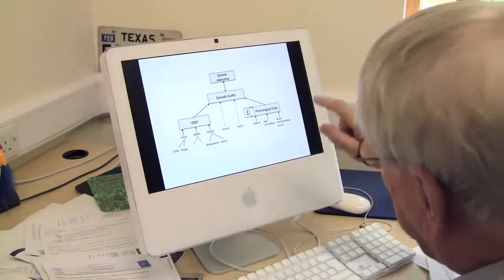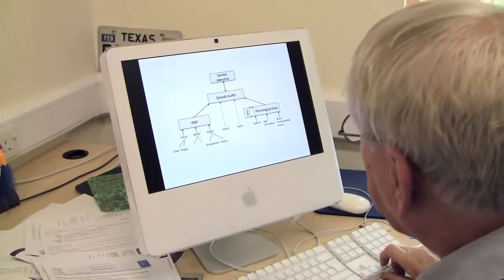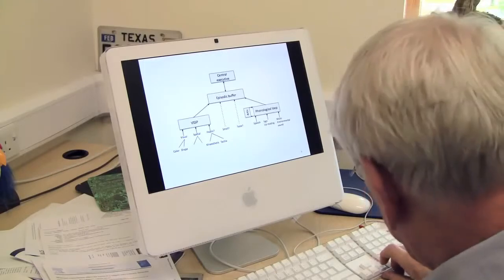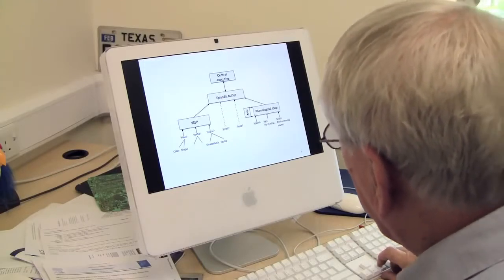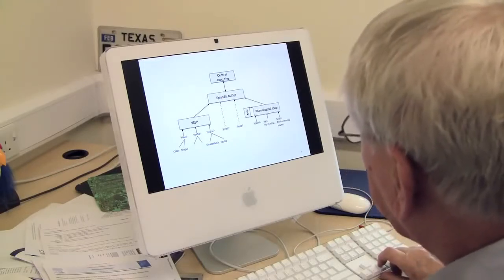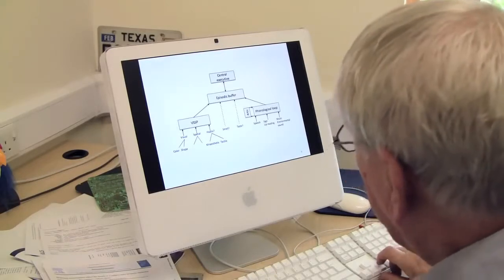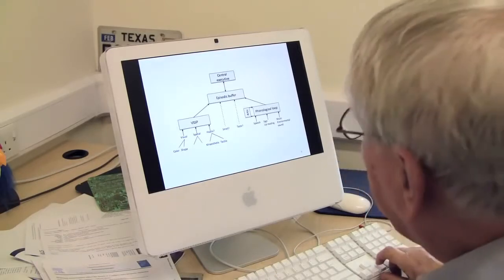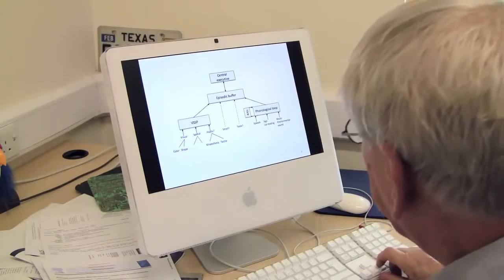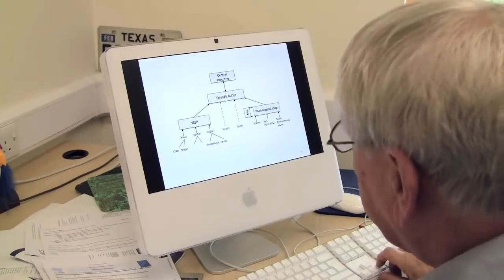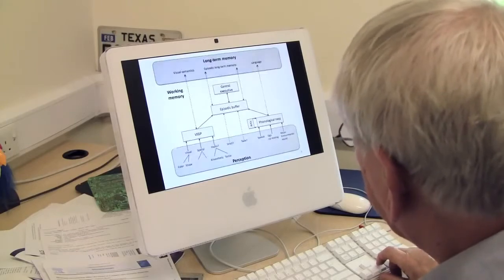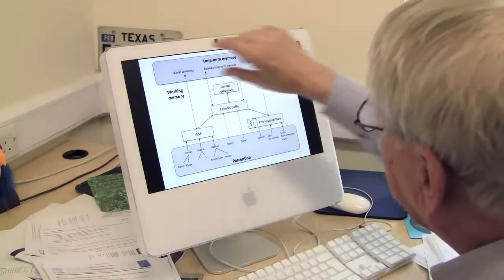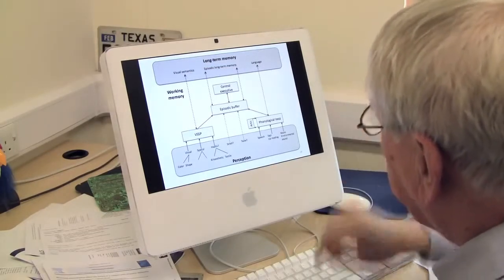Now, this is still very much a two-dimensional system, and it leaves open where is long-term memory in all this. Well, there are a number of suggestions, and we've gone through several of them. A number of these we've rejected, but just as a way of talking about attempts, this is one attempt where we have long-term memory sitting above everything.